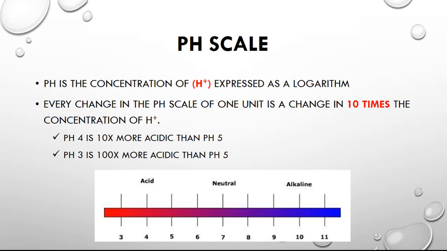Because, as I mentioned earlier, it is a logarithm with base 10, so 10 to the power of 2 gives you 100. That's how you compare the concentration of H plus.